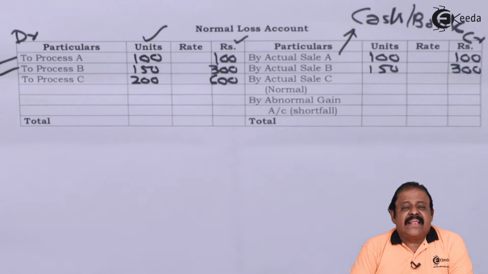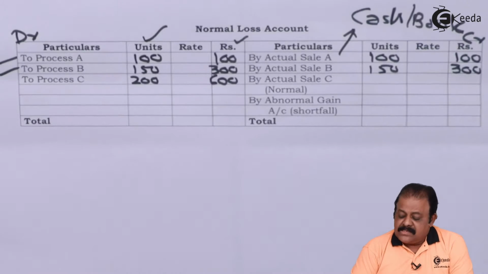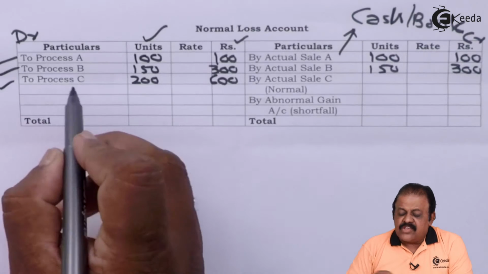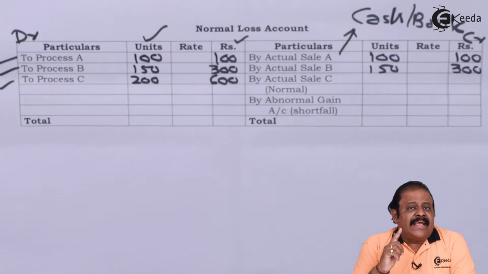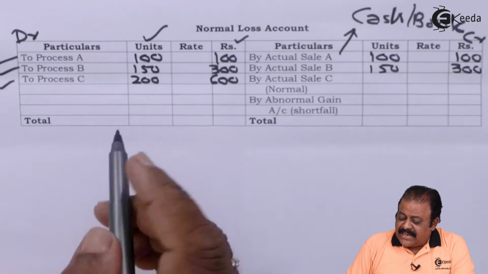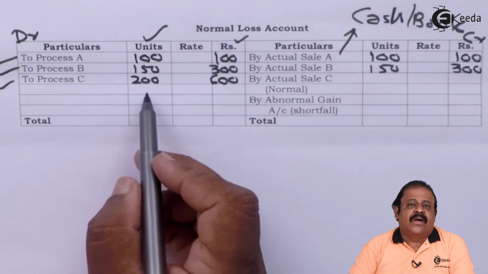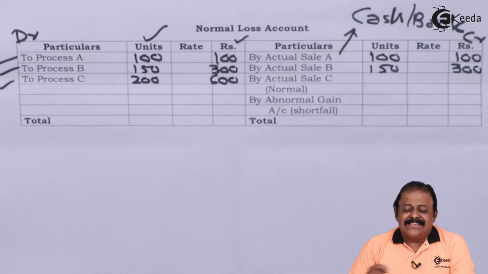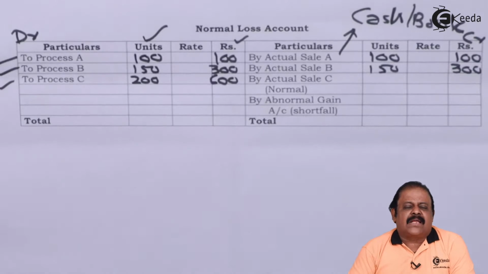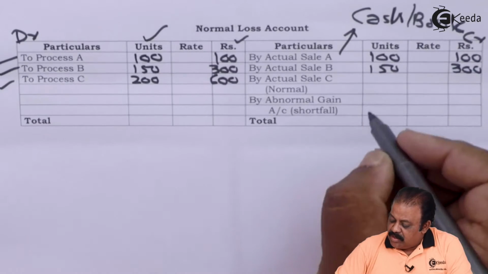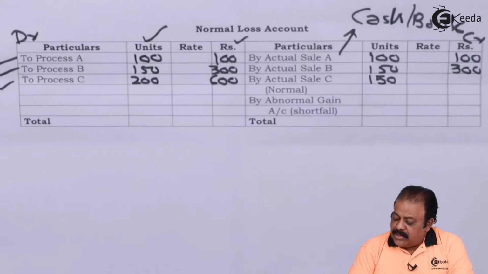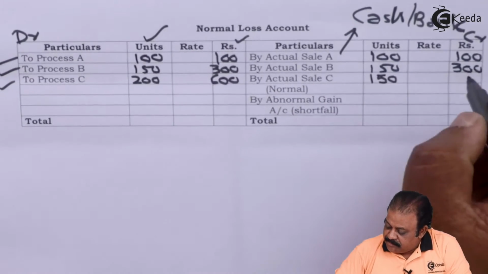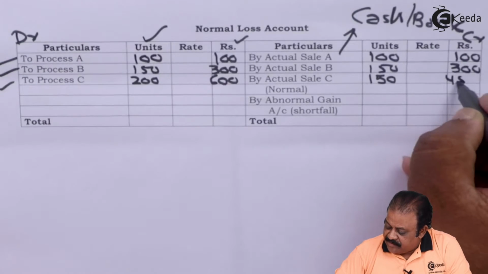What happens if there is an abnormal gain? Say in process C, there is an abnormal gain of 50 units. If there is an abnormal gain of 50 units, we can't have 200 units of normal loss arising, because it will be lesser by 50 units. So the actual units will be 150, and the per unit rate is 3 rupees, so it will be 450.